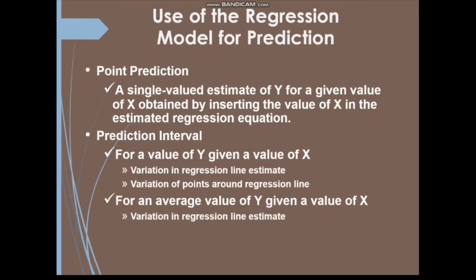The first is for a value of y given a value of x. There is variation in the regression line estimate and variation of points around the regression line. And then the second is for an average value of y given a value of x. There is variation in the regression line estimate.